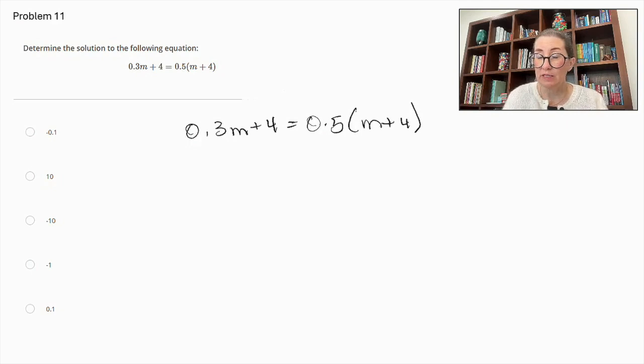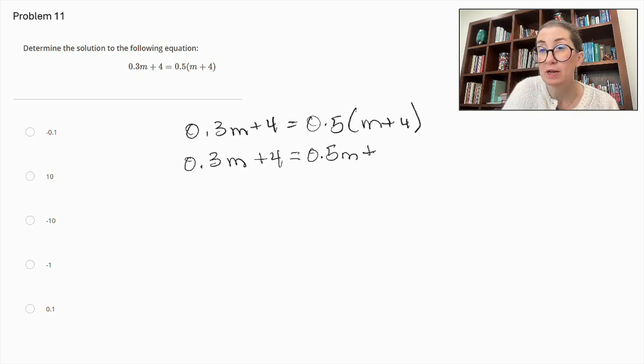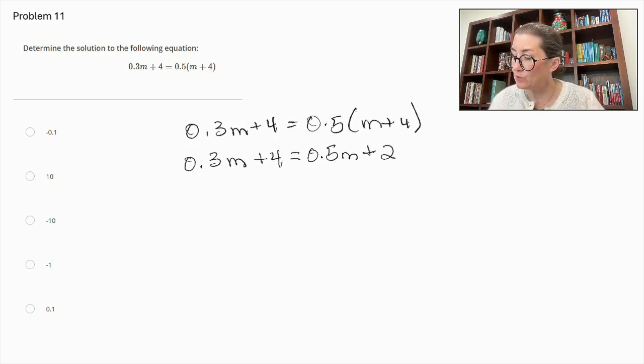The first thing we need to do is get rid of the brackets. So let's do that. 0.5 times m is 0.5m plus 0.5 times 4 is 2. So that's what we have.